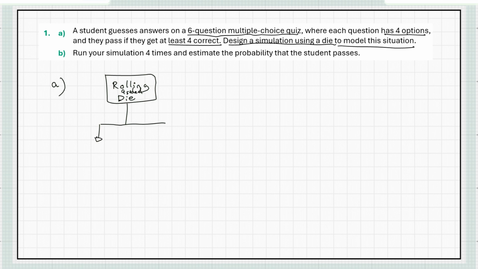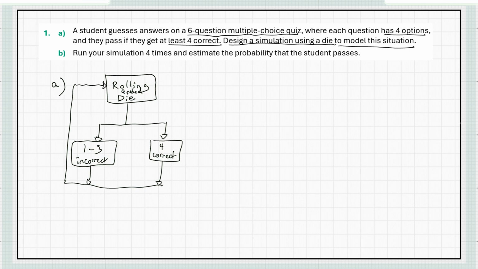Now, let's say if we get a 1 to a 3, it's incorrect. And if we get a 4, we get the answer for our question correct. And we are going to then record our results. Each time we run this little experiment, that's one question, so we're going to run it 6 times to get an idea of whether we pass.